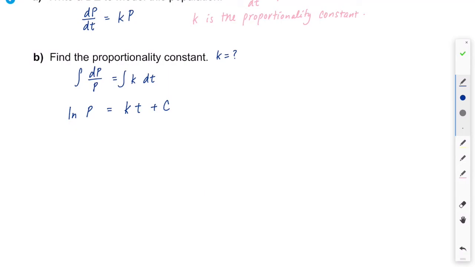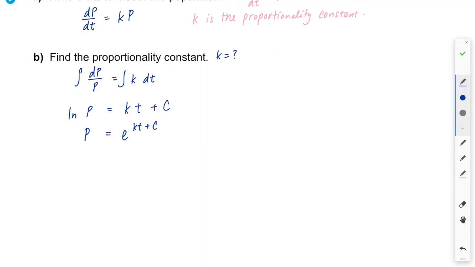Okay, if I want to isolate for P, I take e to the power of kt plus c. Notice how e to the power of kt plus c is actually the exponent law of the multiplication of the power: e to the power of kt multiplied by e to the power of c.